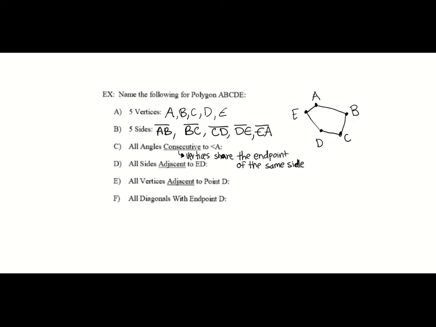So that means if we're looking at angle A, we're looking for vertices that share A as our endpoint, or sides that share that endpoint. So we have this side with this vertex that shares the endpoint, and this side and that vertex shares that same side. So our consecutive angles to A are angle E and B.